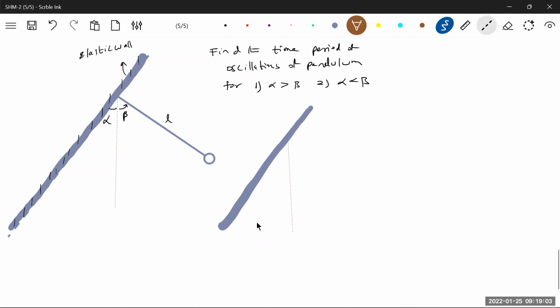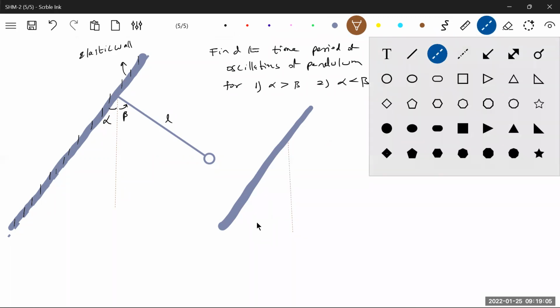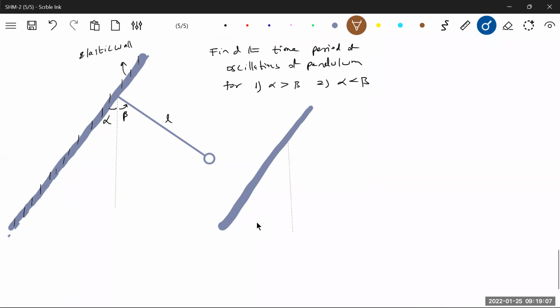The pendulum will be oscillating, so here you can check it. This is alpha, this is beta, this will be beta. So there is no question of the bob going and colliding with the wall.